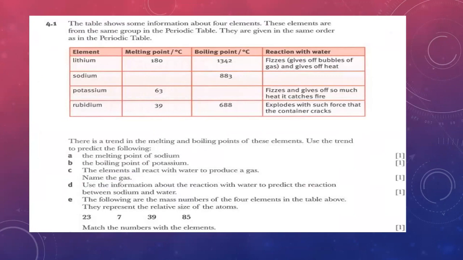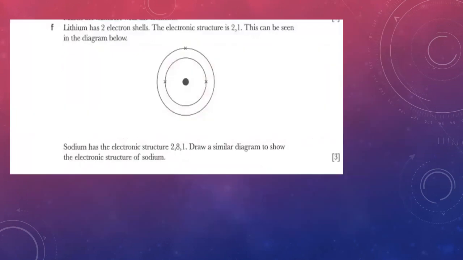What is the trend of physical properties of elements in group 1? I talk about the melting point, for example. What is the trend of the physical properties, especially melting and boiling points, in group 1?